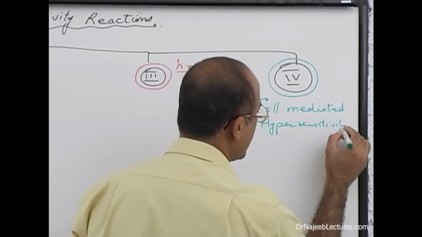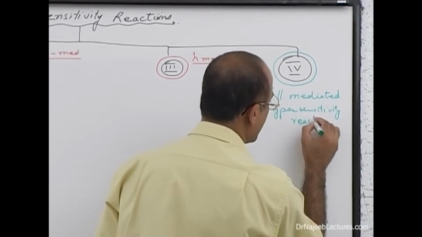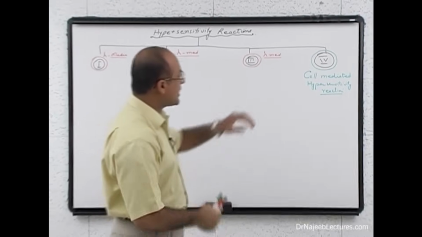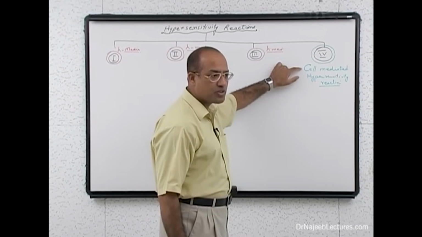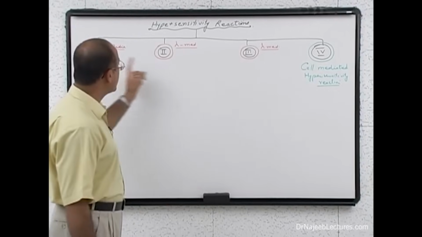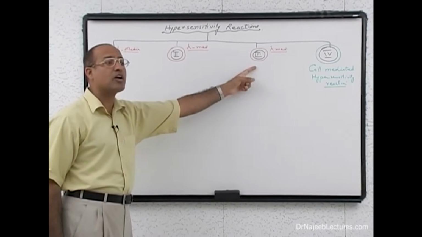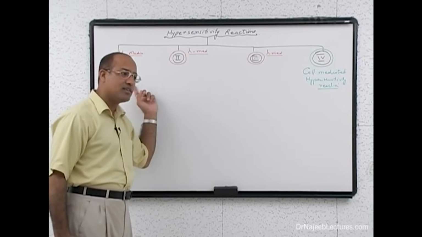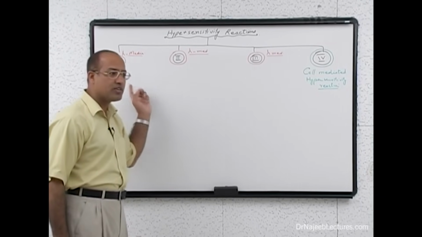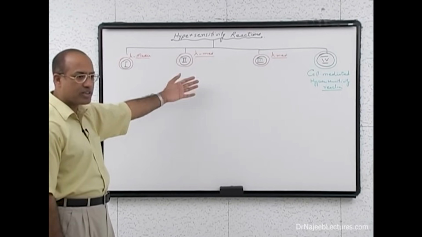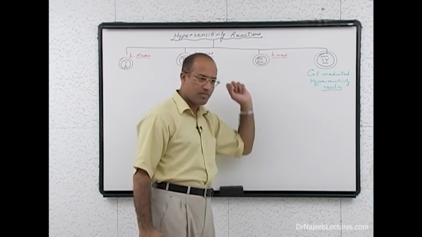Now the point which you have to understand is that in type 4 immune cells are involved, but no antibodies. In first, second and third, antibodies are always involved, and even some immune cells may also be involved. So the real difference is that type 1, type 2 and type 3 involve antibodies and type 4 does not.